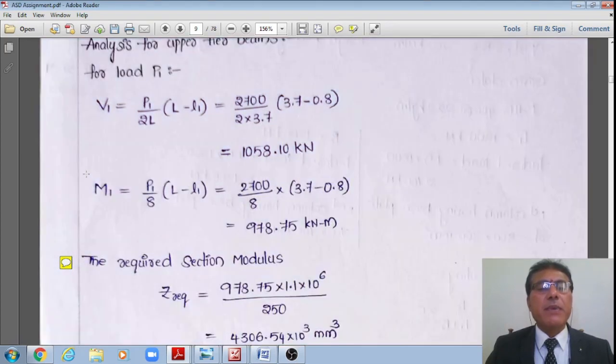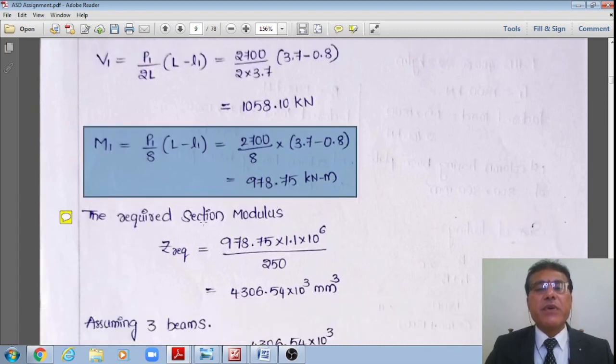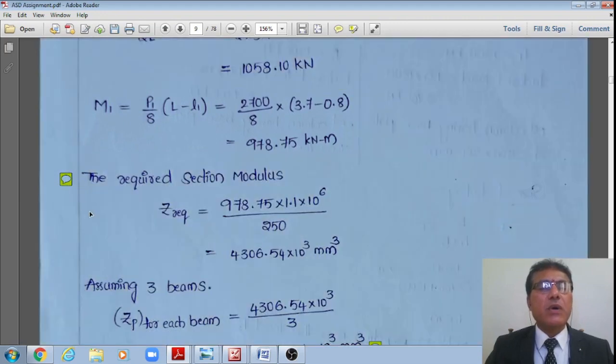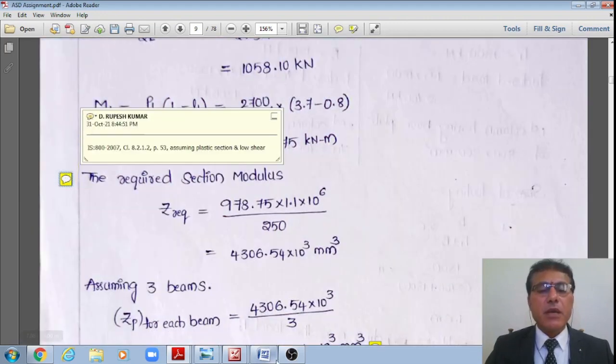Similarly, the factored bending moment MU1 is equal to P1 by 8 multiplied by capital L minus l1. Substituting the numeric values, 2700 divided by 8 multiplied by 3.7 minus 0.8, it works out 978.75 kilonewton meter. Right. Therefore, once I do the analysis, now I'll go for the design.